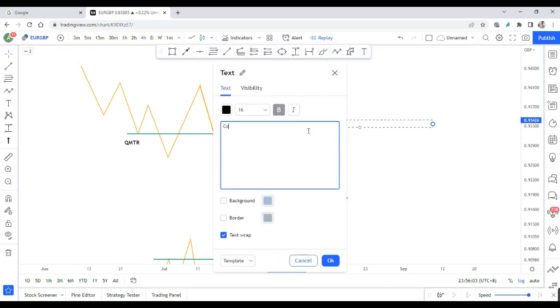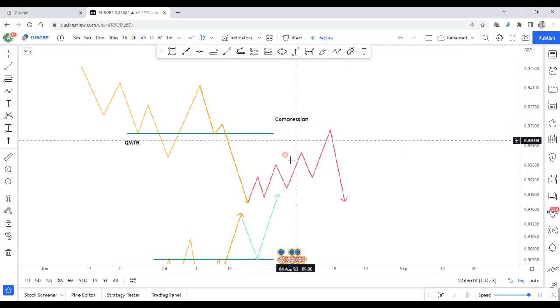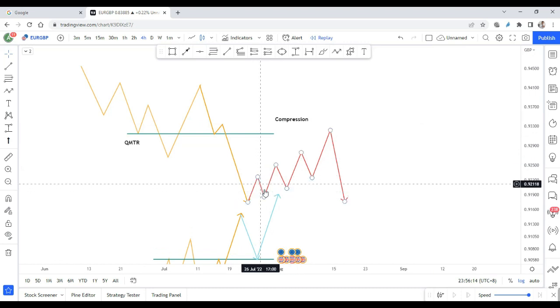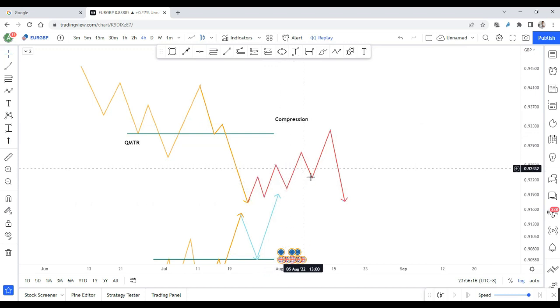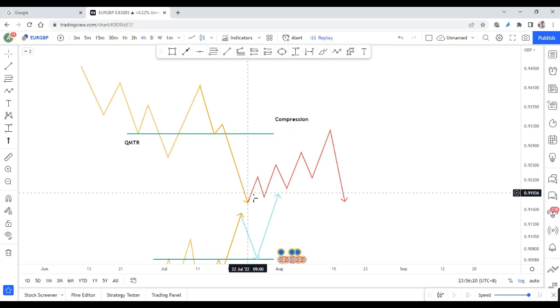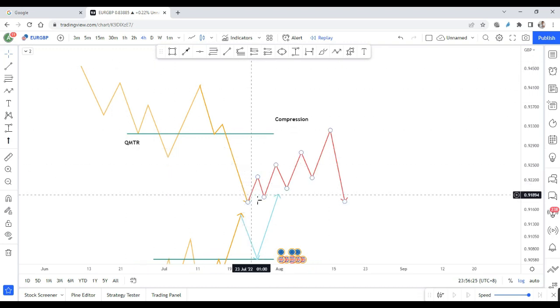Of course, I'm going to introduce compression too. Compression is actually a short movement of the price. The price is moving in a short movement, very slowly climbing back up, and as it does, in this example, it's destroying its own demand zone.